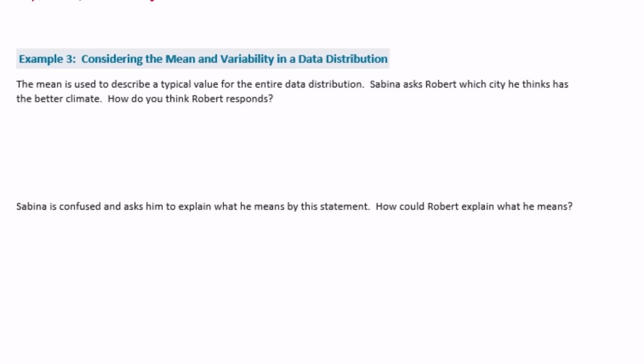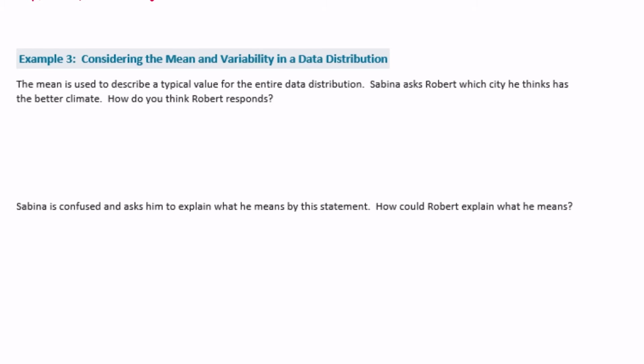Example 3. Considering the mean and variability in a data distribution. The mean is used to describe a typical value for the entire data distribution. Sabina asks Robert which city he thinks has the better climate. How do you think Robert responds? Well, if you were just looking at the mean, you would say that they both have about the same mean.